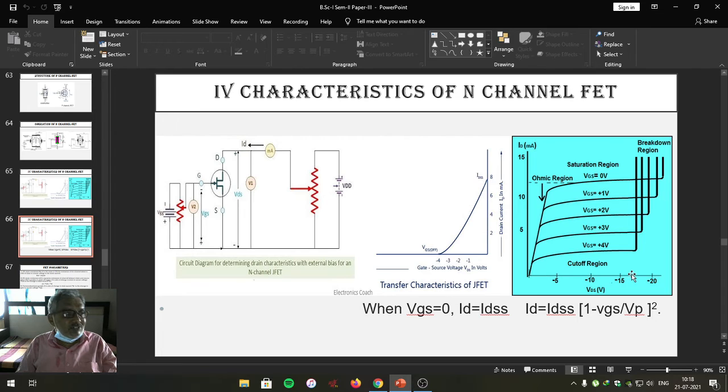After a certain point, even though VDS is increased, ID suddenly increases. That is known as the breakdown region or avalanche region. The region below VGS equal to a particular value is known as the cutoff region, or it is called the pinch off region.